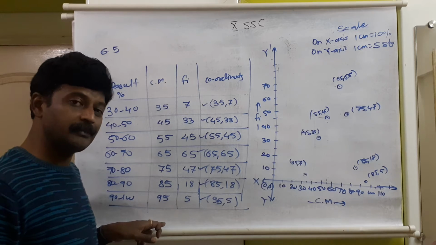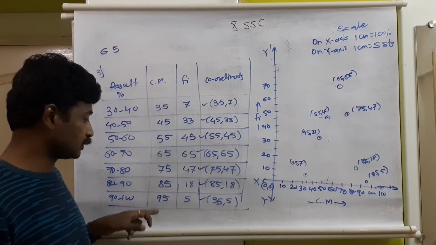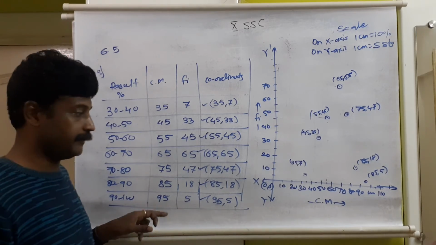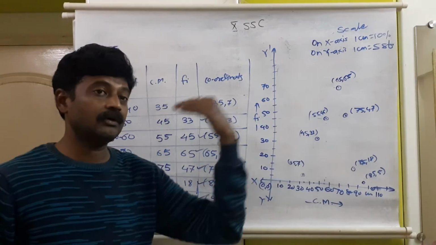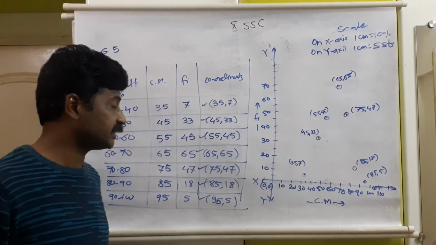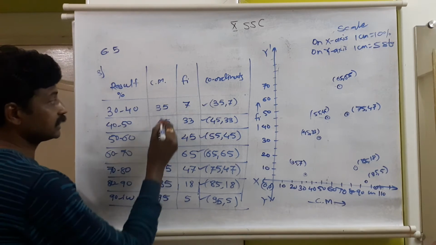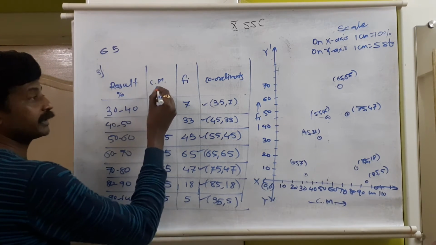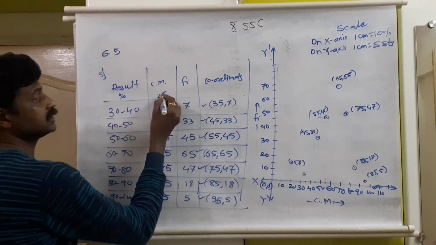After the last class, 95 with 5, the next imaginary class will be 100 to 110, so its class mark will be 105, and 105 will come here. This will close the other end. At the starting end, we have 35, the class mark of the first class. Before that, the class will be 20 to 30, so the class mark can be 25.